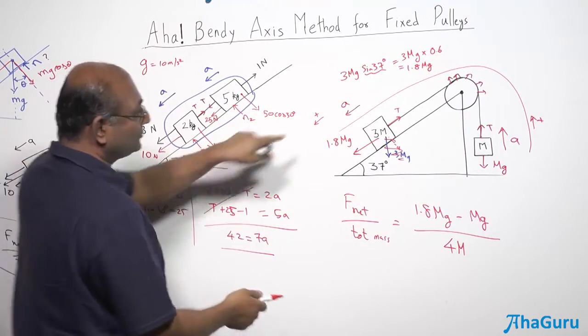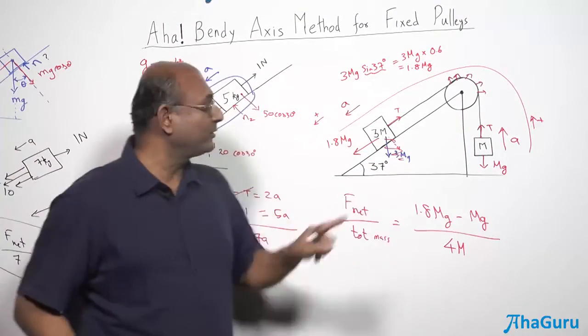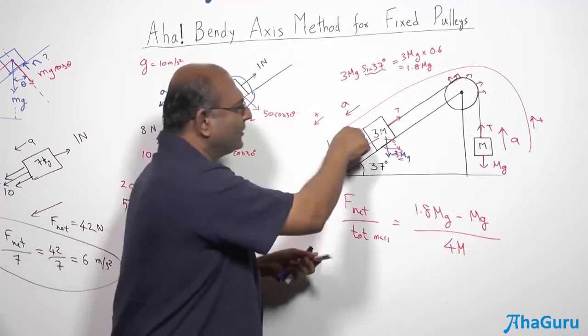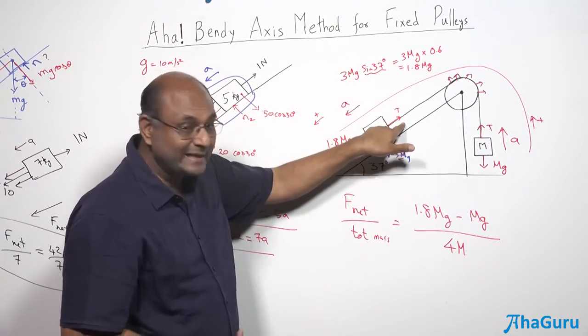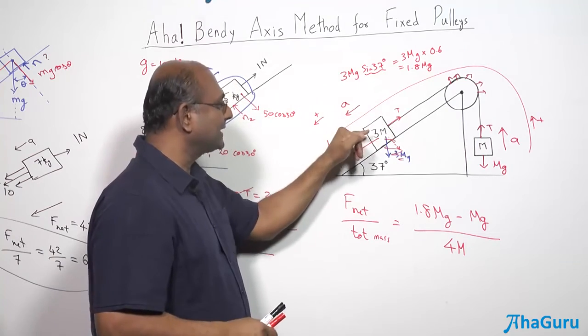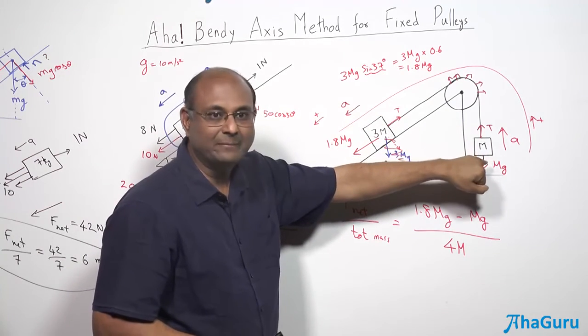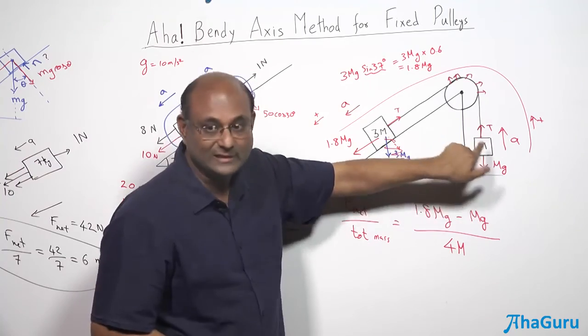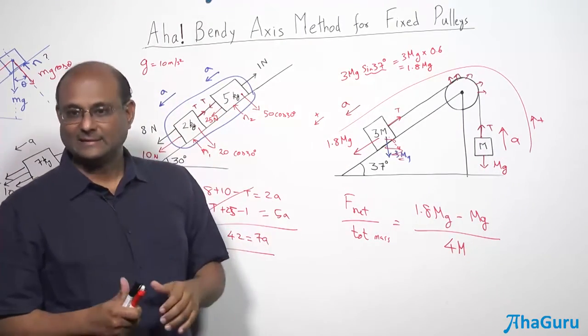But that 0.8 mg has to drag both together. It's not just going to pull 3m. How come this 1.8 acts only on the 3m? Correct, but then there is a T here, right? So this is the T which ensures that this guy goes at the same acceleration as that fellow. Okay.